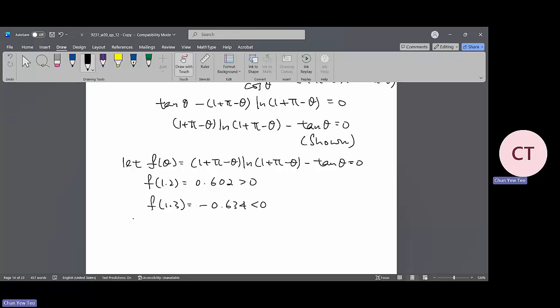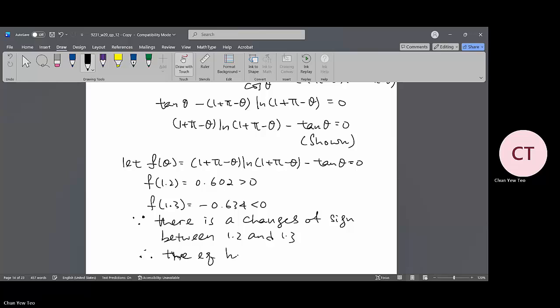Okay. So therefore, because there is a change of sign between 1.2 and 1.3, therefore the equation has a root between 1.2 and 1.3.